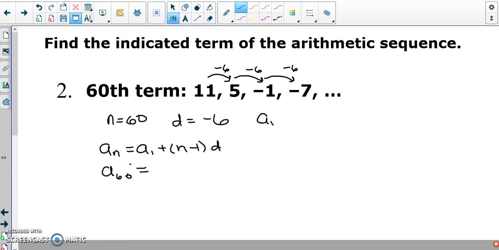A sub 1 is 11. So that's going to be 11 plus n minus 1, which is 60 minus 1, times d, which is negative 6. Now when d is a negative, you're going to want to put that in parentheses so that you know you're multiplying those two numbers together.